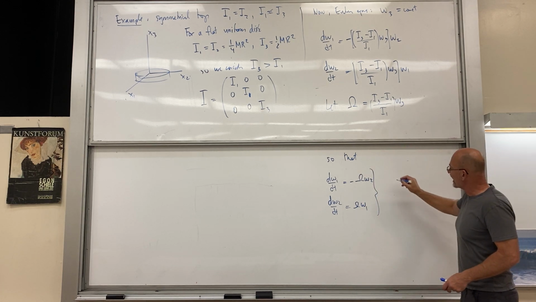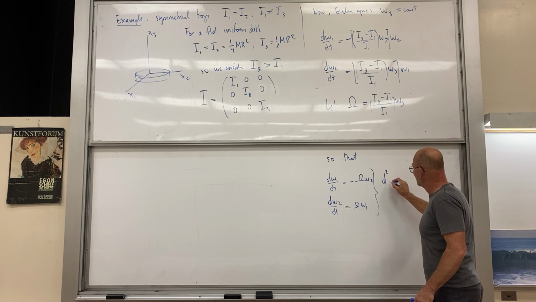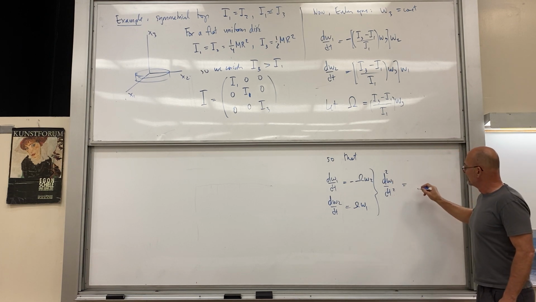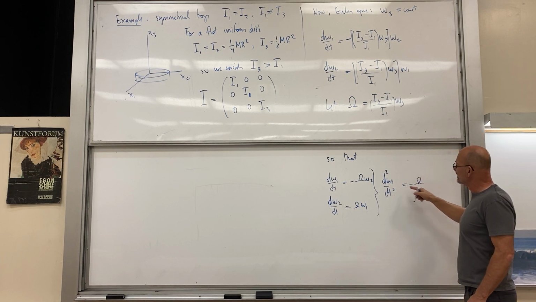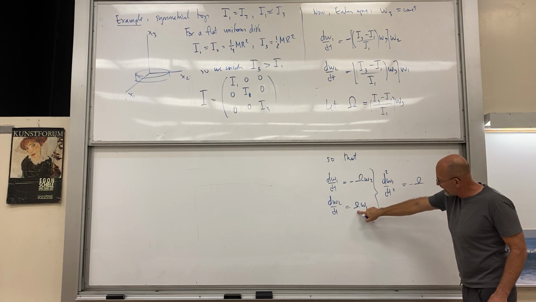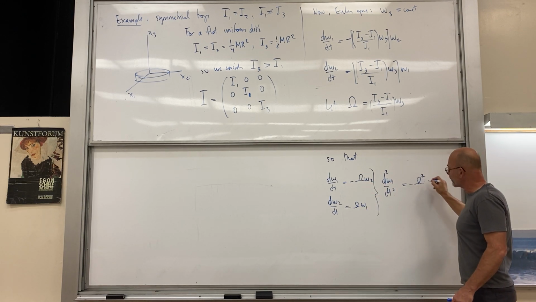From these two, I have d²ω1/dt² equal to minus Ω dω2/dt, which is the right side of this, so that gives me another Ω and ω1.